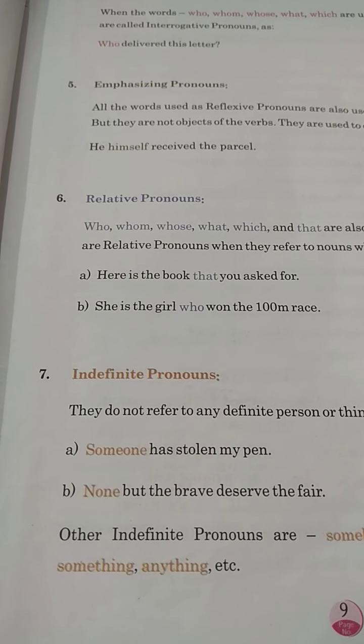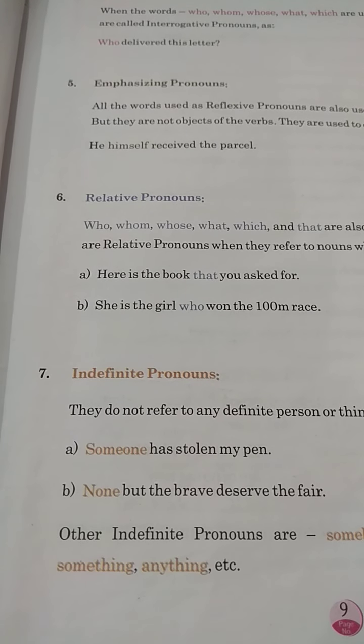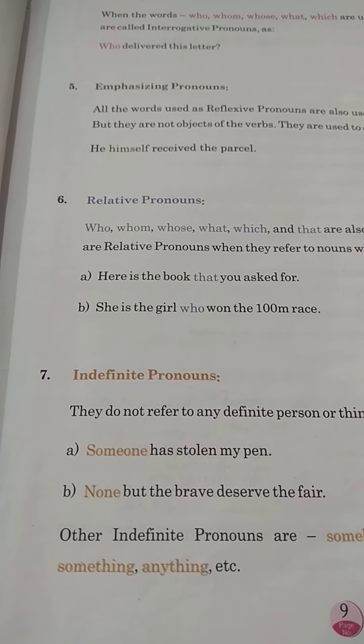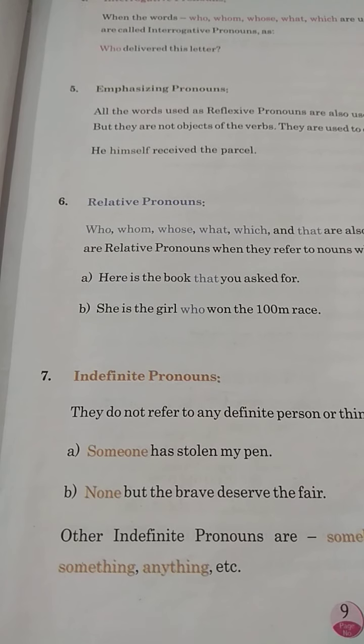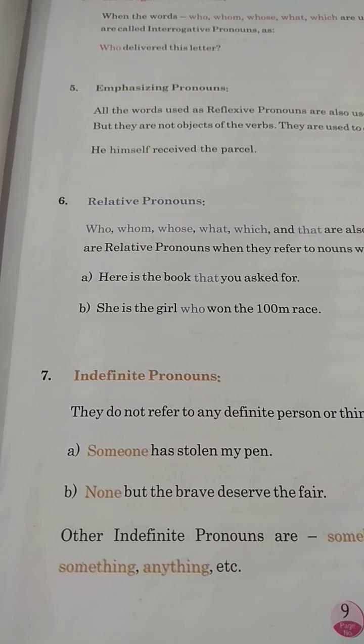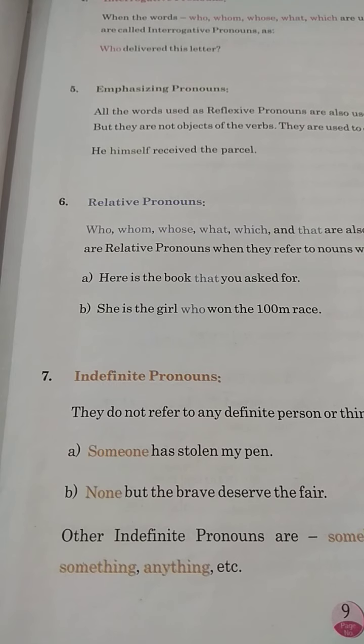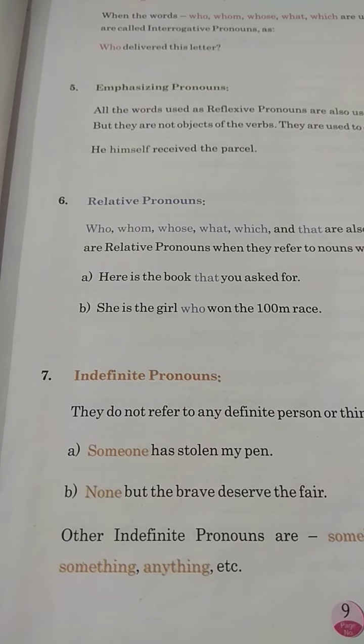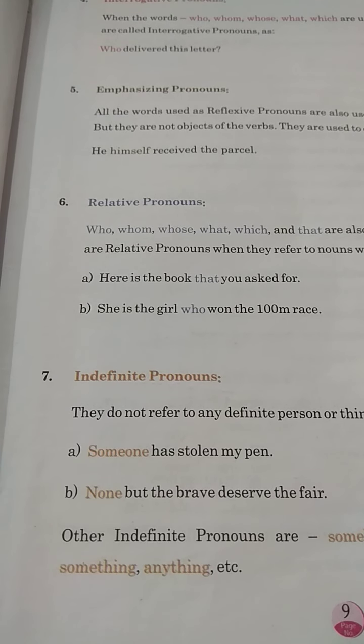Someone has broken into the house. Somebody called on her very late last night. Anyone can do this. Everyone knew the truth, but no one said anything. Many came for the interview, but only a few were selected. All are not born leaders. Nobody knows where the sick lives.